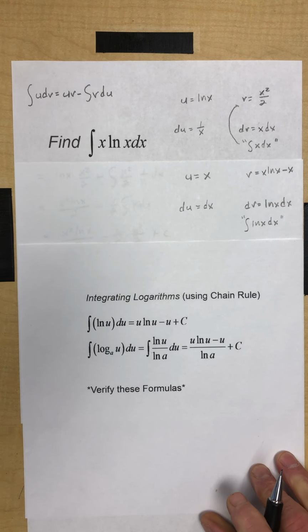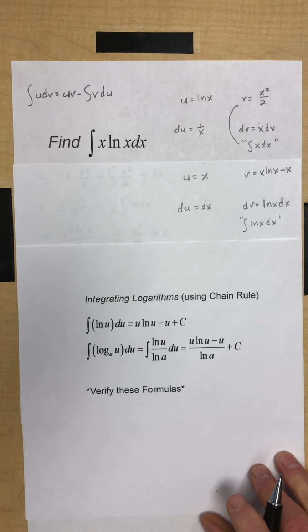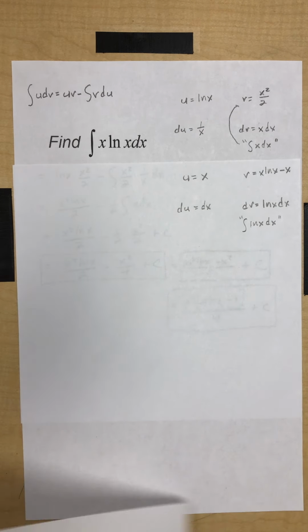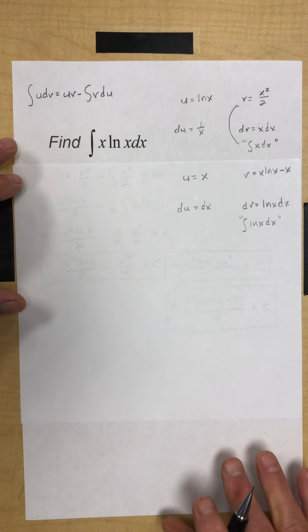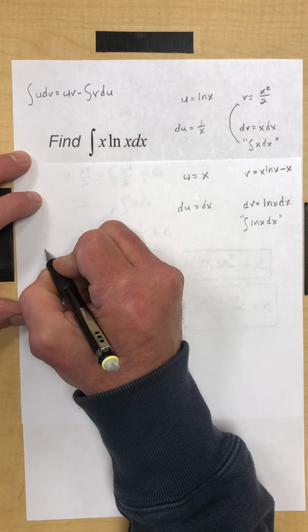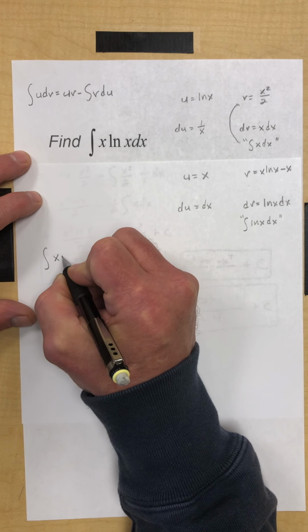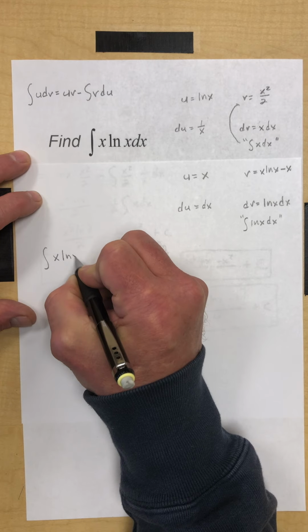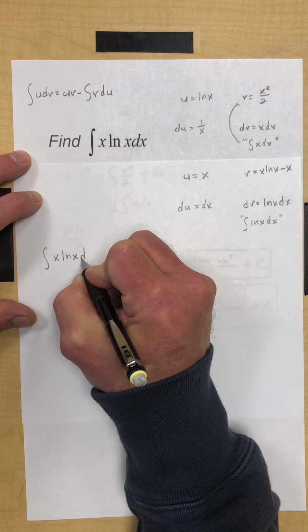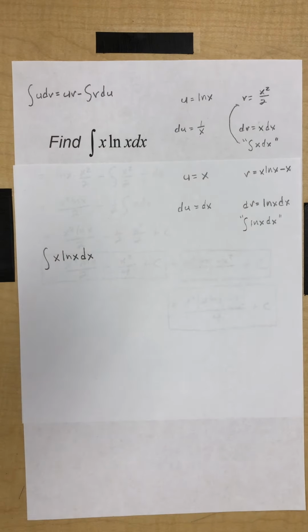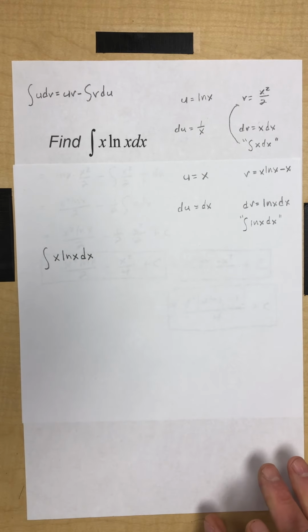We're in good shape there. So let's see how this works out. I've got this starting point, and I'm going to rewrite it, and there's a reason why. Somewhere in the middle of the problem, I'm going to need it. There's a cool little trick that happens. So let's see.